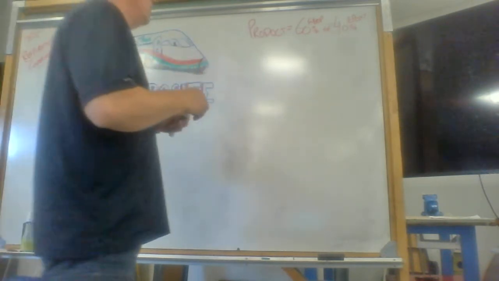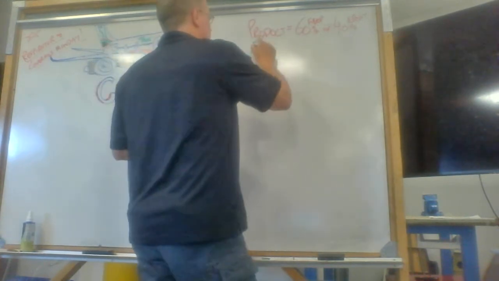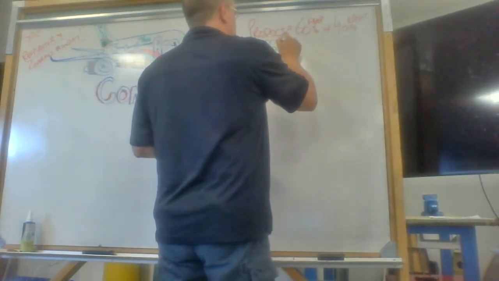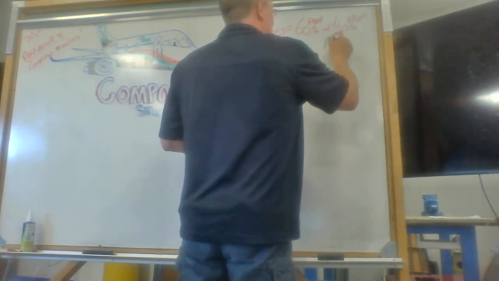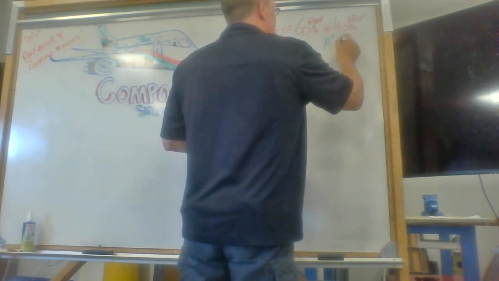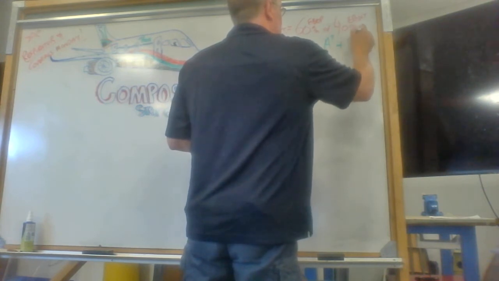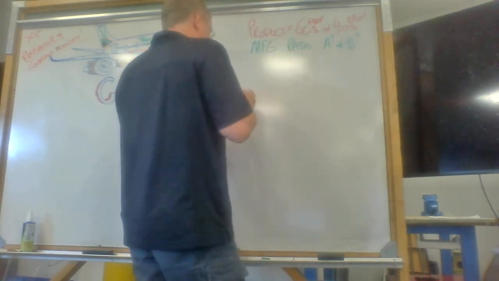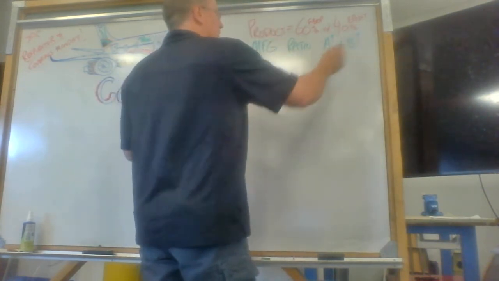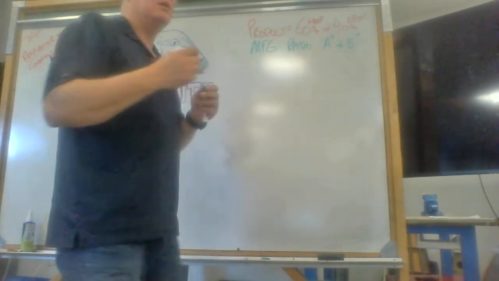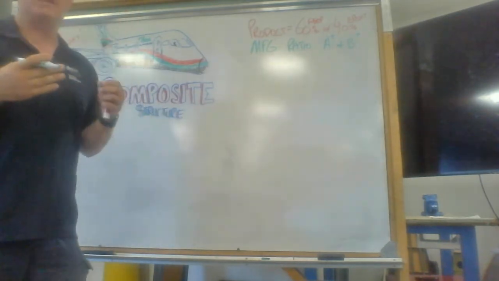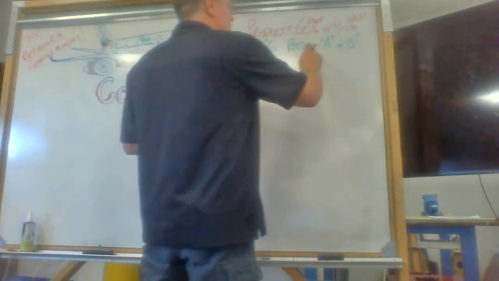But what we want to know is manufacturer ratio, right? Manufacturer ratio. And so that's going to be a certain amount of A, how much we don't know, depends, and a certain amount of B, right? And so what we're looking for is this A and B. And so when we look at our ratios and being able to calculate it, we need the manufacturer's ratio.